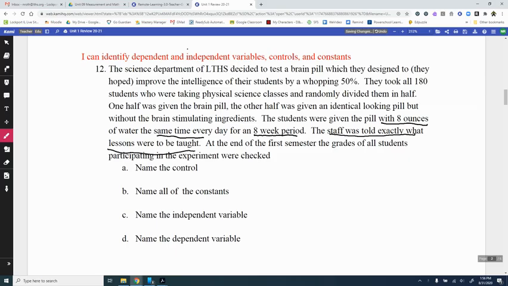So they had the same amount of water, they were given it at the same time every day for an 8-week period, and they were all taught the same lessons. Again, anything that stays the same in an experiment.